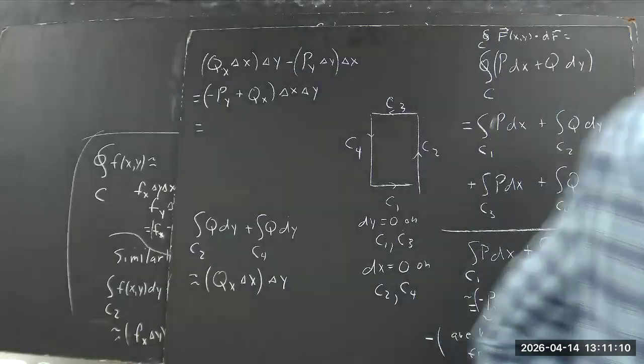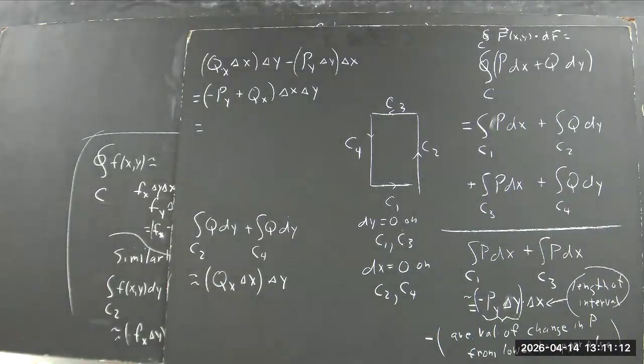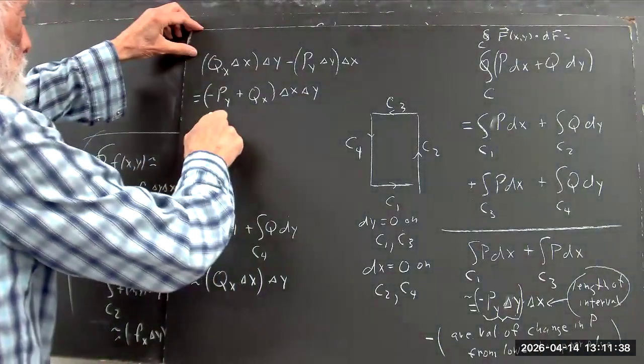and I want to write it in the same order your book does, just because it's a question whether P or Q comes first when they state it in Green's theorem, and I don't want to confuse you on that. Okay, they got QX minus PY, which is what I was tempted to write.